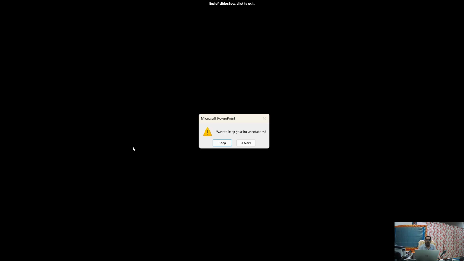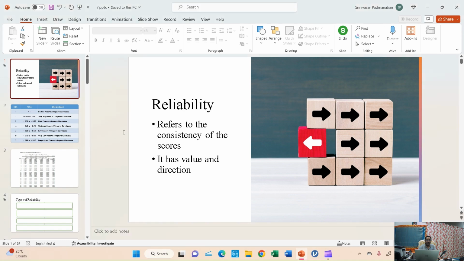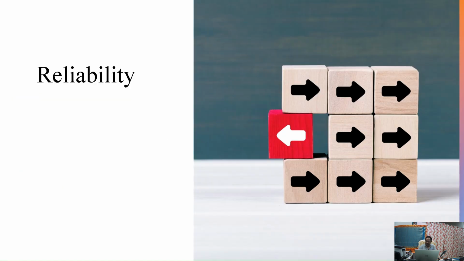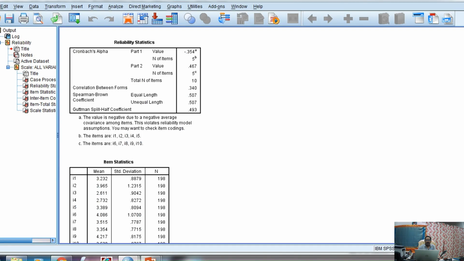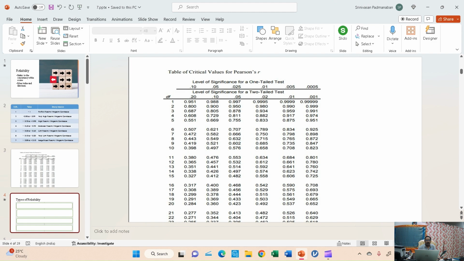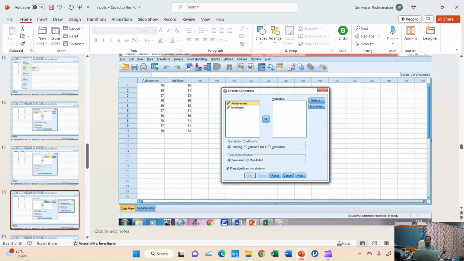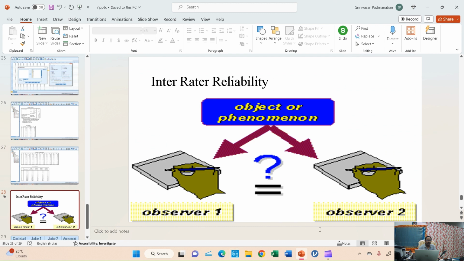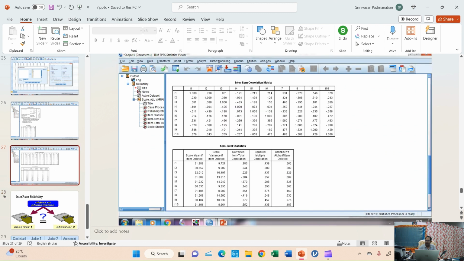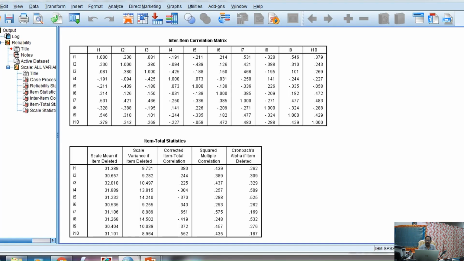Now we'll go for the last thing, which is the important one, where we can see what the correlation is if a particular item is deleted.